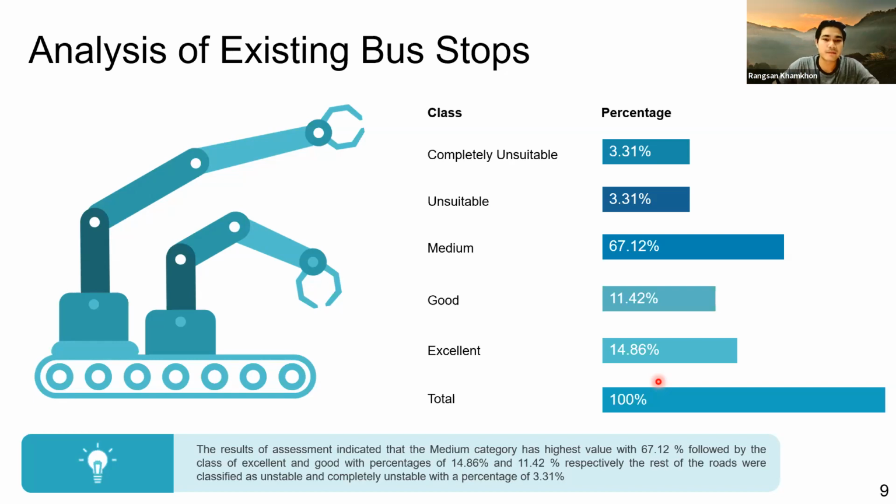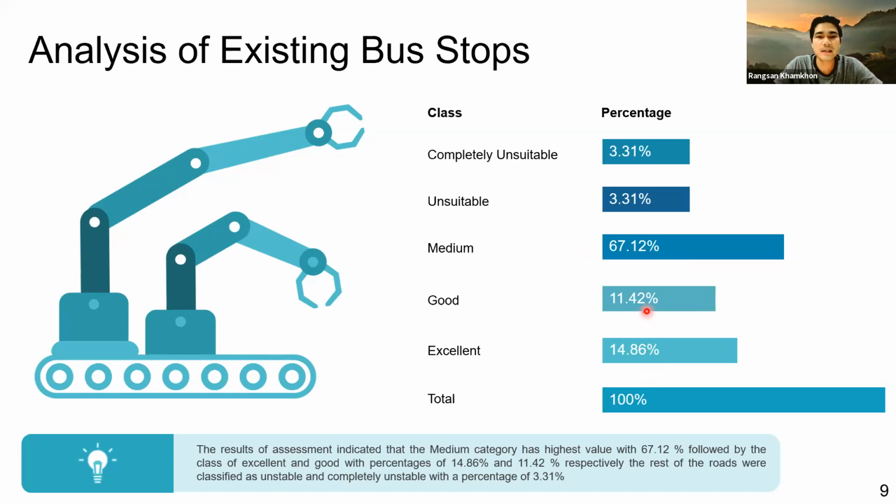The medium class has the highest percentage with 67.12%, followed by excellent with 40.86%, and good with 11.42%.